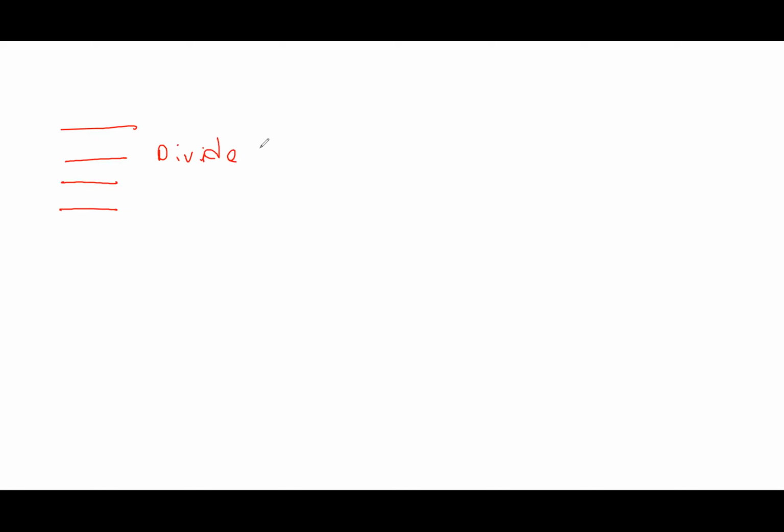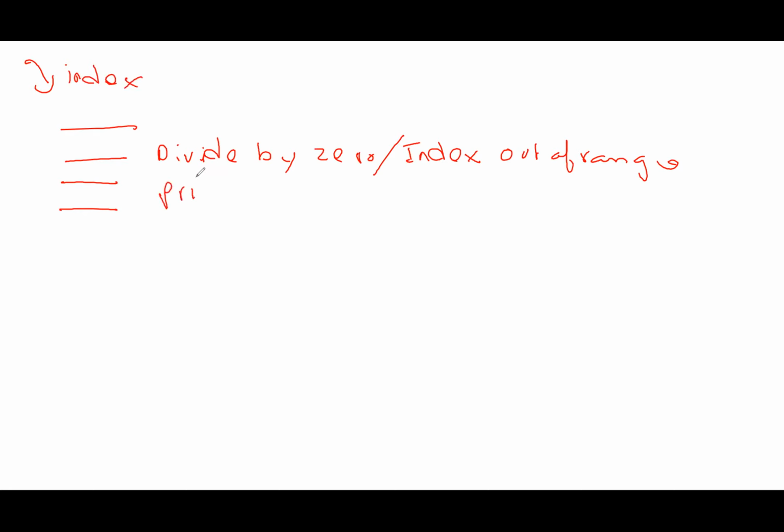Index out of range is another cool thing where you have a list of length 5, and then you somehow access the sixth element. That's out of range. Let's say this function takes in an index and then it tries to print out that list at that index.